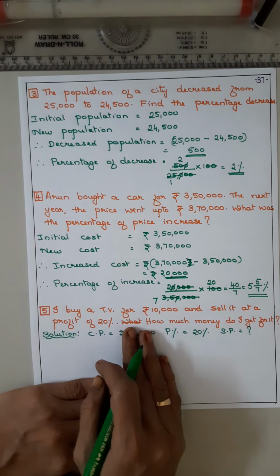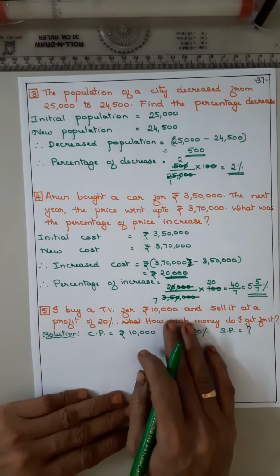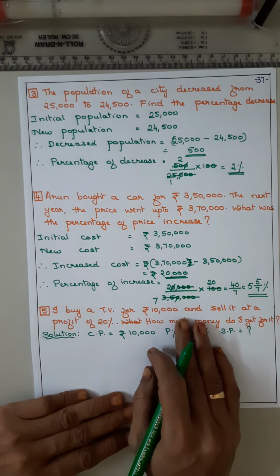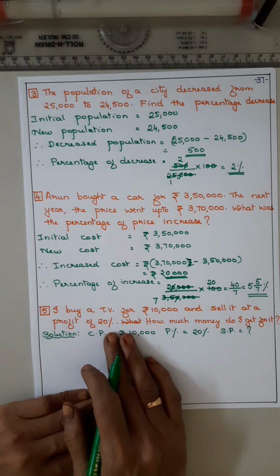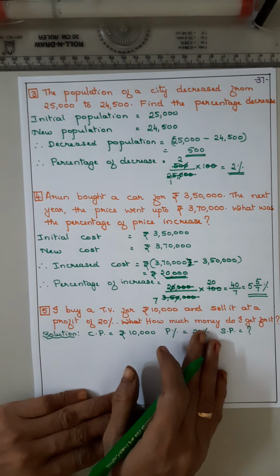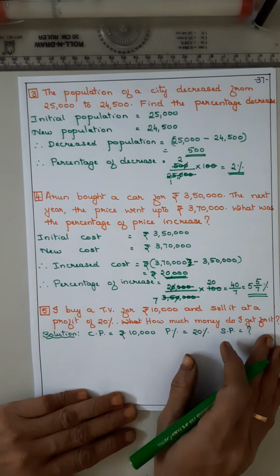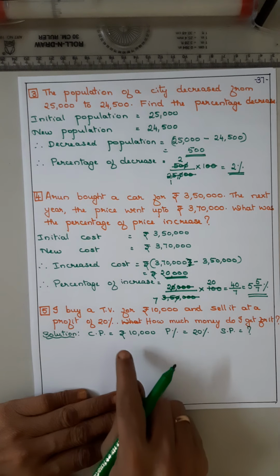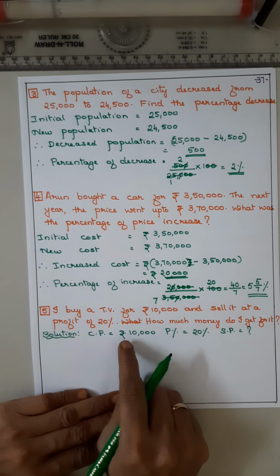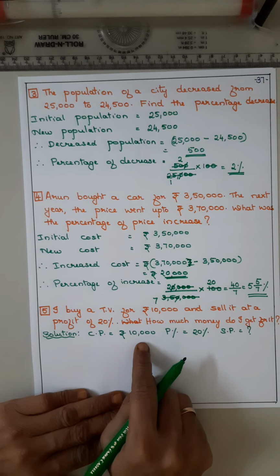Now, the fifth question. I buy a TV for rupees 10,000 and sell it at a profit of 20%. How much money do I get for it? मतलब क्या है? I buy मतलब उसको खरीदा कितने में? 10,000. मतलब CP of the TV is 10,000.